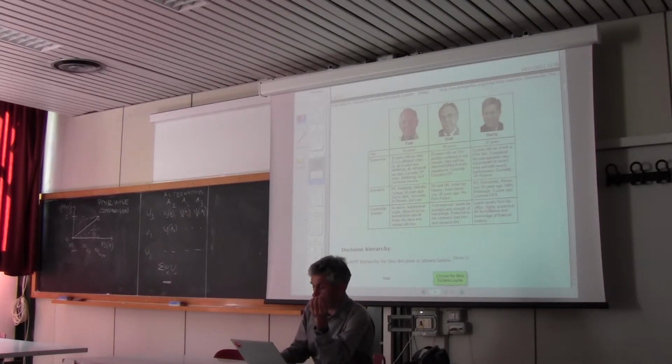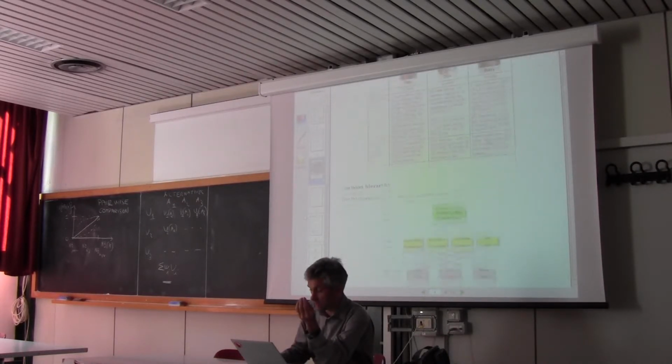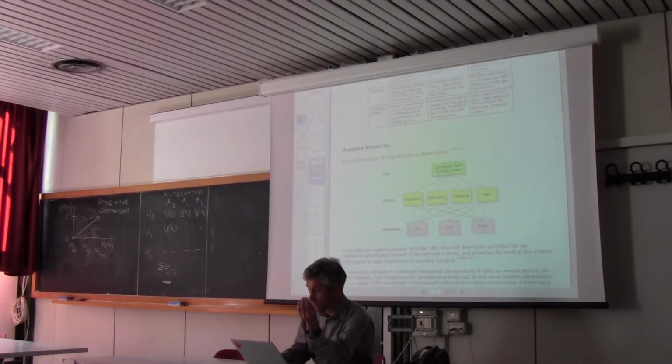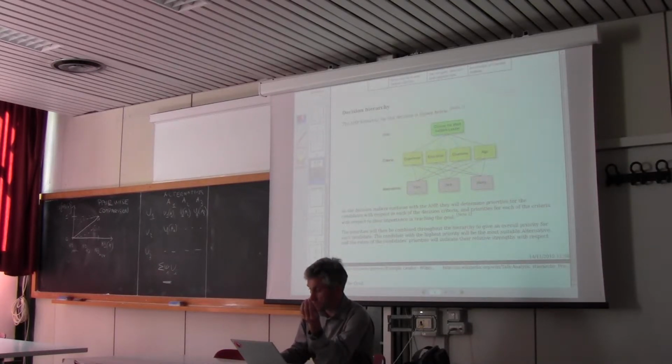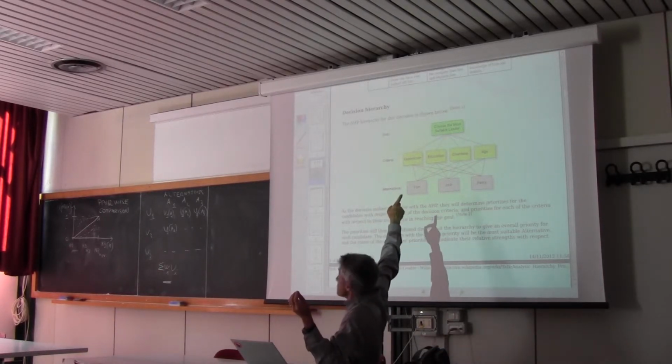And basically, we have the criteria selected by the company for the identification of the leader, and the criteria are, you see in yellow here: experience, education, charisma, and age. You see there is written goal, choose the most suitable leader.